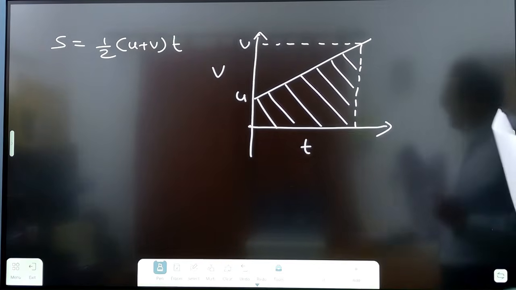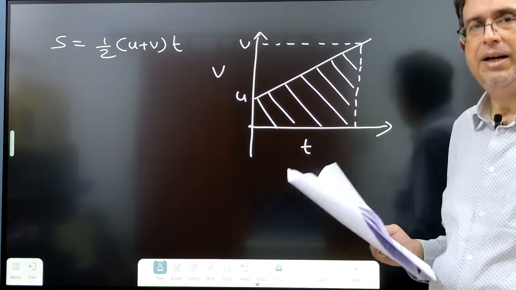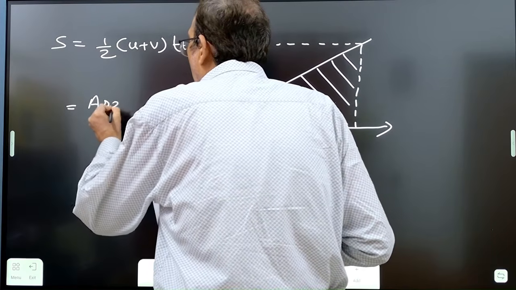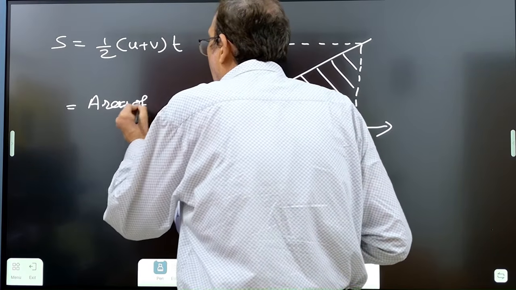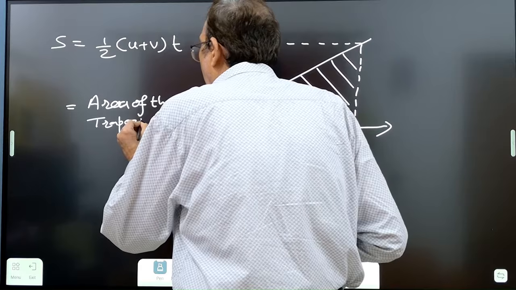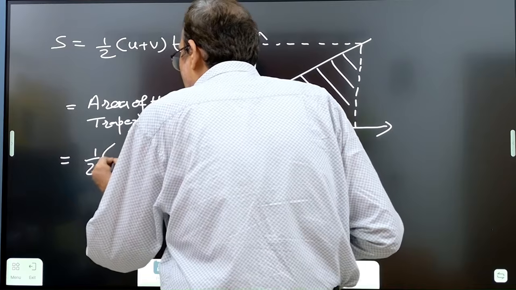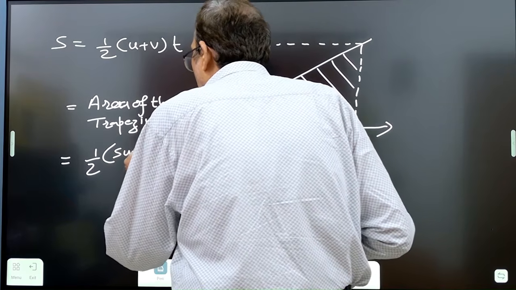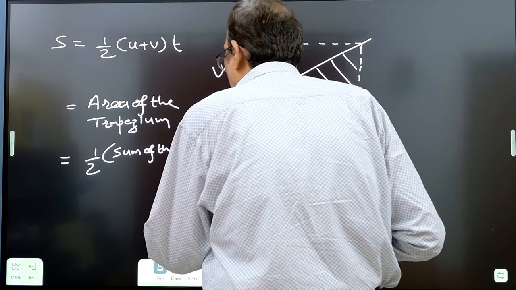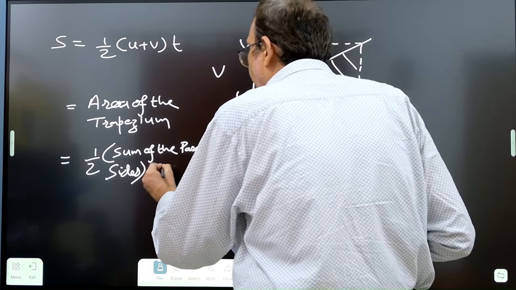So basically, we have already seen this formula earlier when we were calculating the third equation. It is basically the area of the trapezium, which is half the sum of the parallel sides into height.